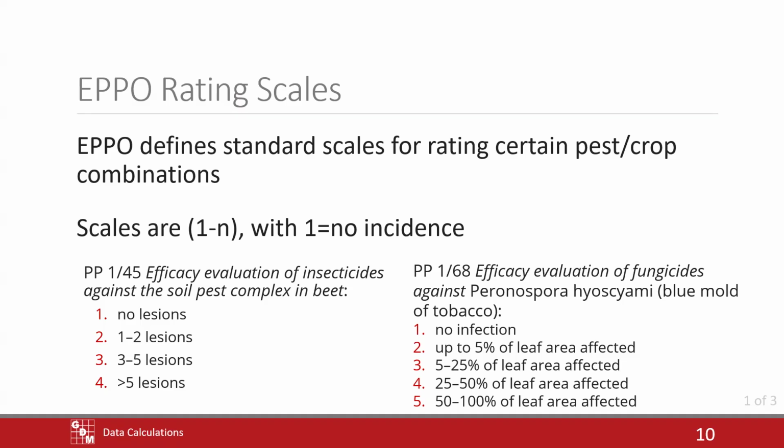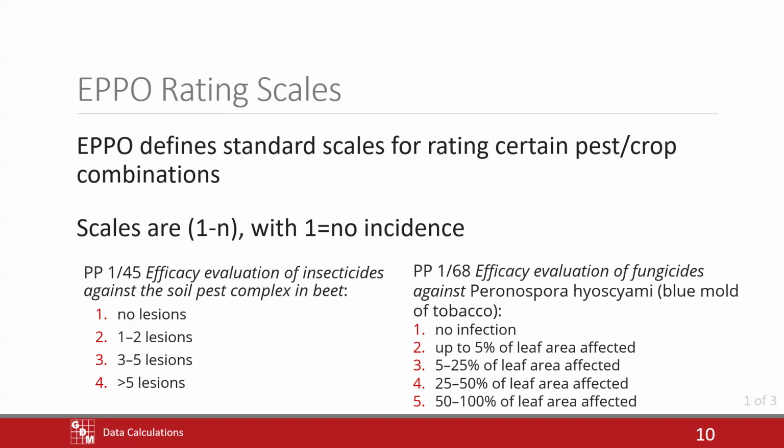The biggest common denominator of all of these scales is that they all start with 1, 1 being the lowest scale value with no incidence of that pest. I have a couple on the screen that I grabbed from EPPO's website to show the types of things they have.